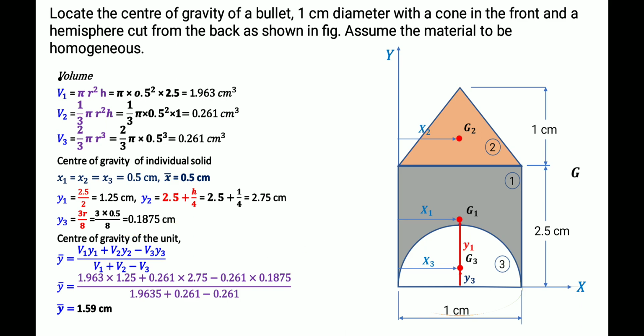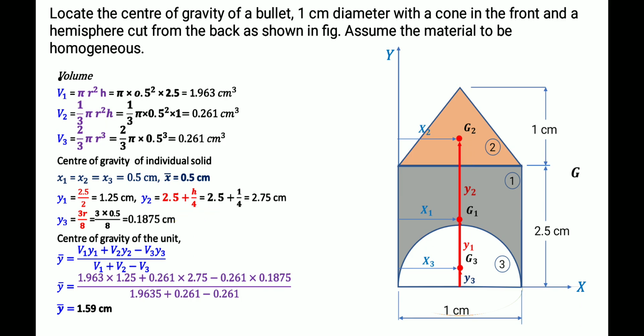Then y1, this distance, is the midpoint of the cylindrical shape, 2.5 by 2, so we will get 1.25. Then the y2 value, the total distance: up to this, the value is 2.5, plus this height. We have to find this height. This height is h by 4.